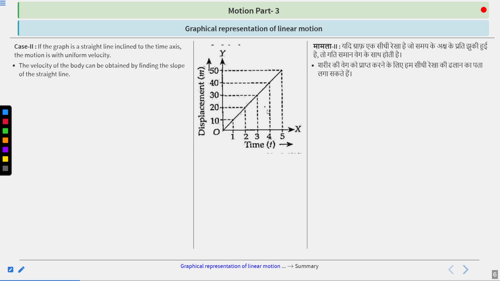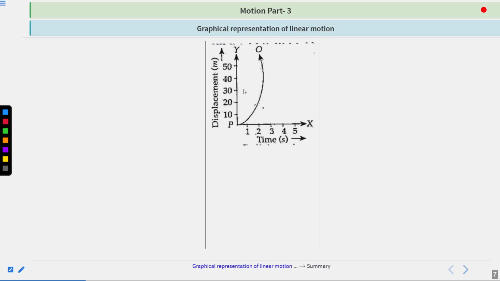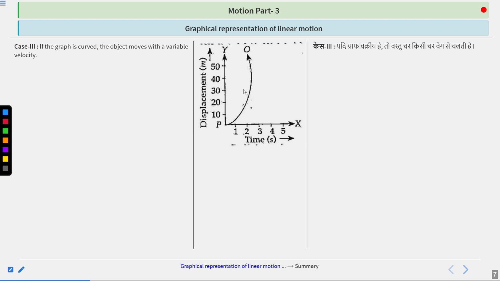The velocity of the body could be obtained by finding the slope of the straight line. Okay, if you look at the slope, you will find out the velocity of a body. In this case, the displacement is directly proportional to the time.